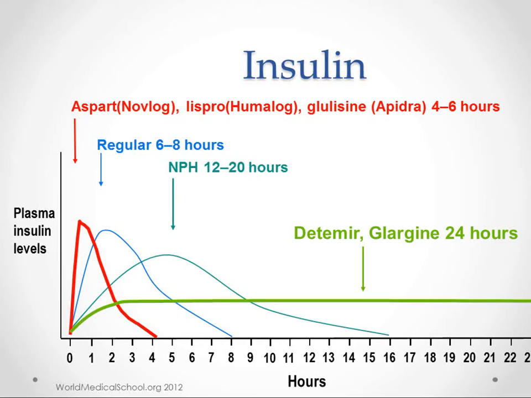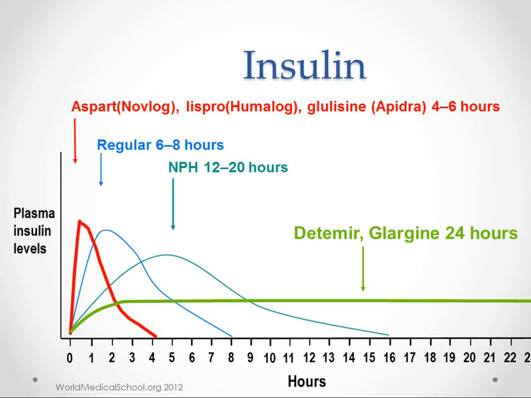And then there's NPH, which I never can remember what NPH stands for. I know the last word is Hagedorn. Anyway, the normal protamine Hagedorn, something like that. Anyway, so that lasts 12 to 20 hours. It peaks at around 4 to 5 hours. And then you have these long-acting ones like detemir and glargine.